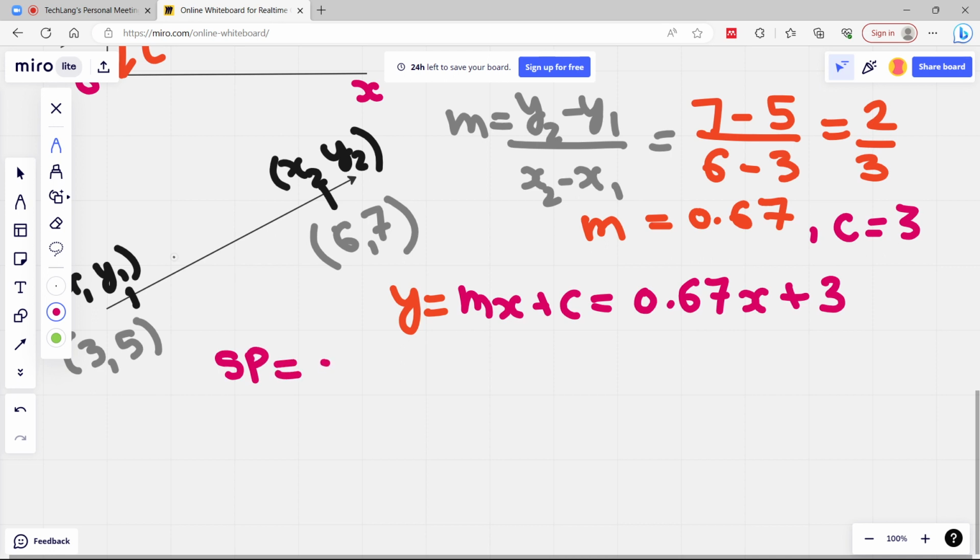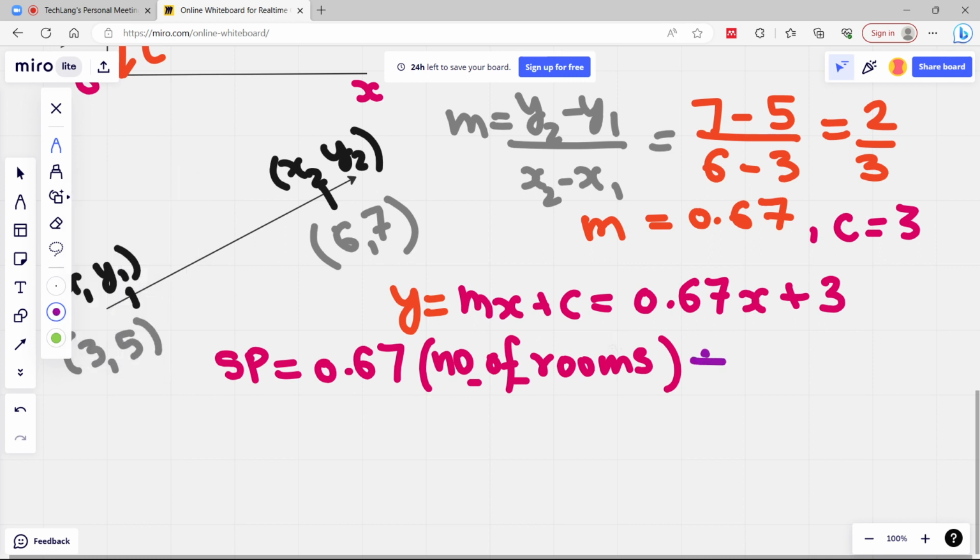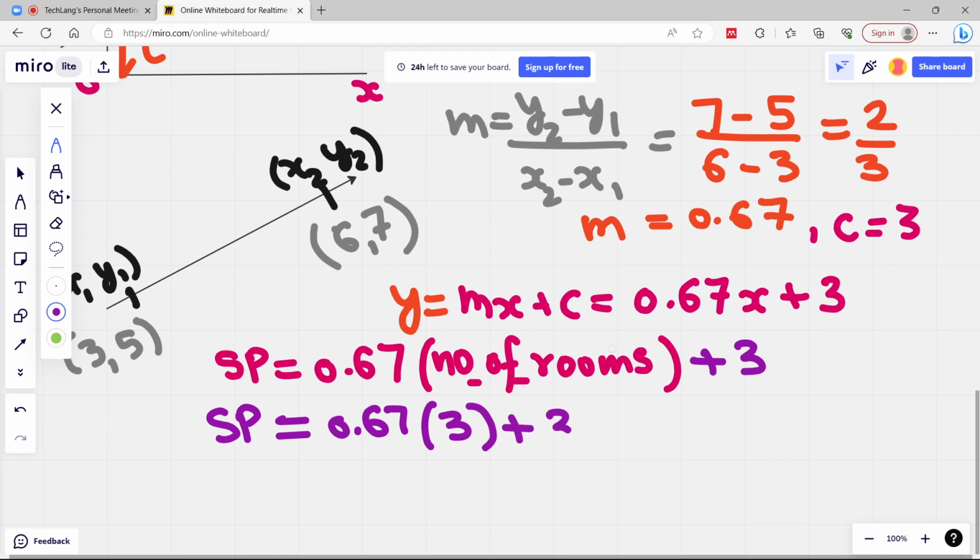If the selling price depends upon the number of rooms only, the number of rooms in my flat, I can say this x will be my feature, the room count in my flat, plus 3. If you tell me how many rooms are in your flat, I will tell you the selling price. Let's say you tell me that you have 3 rooms in your flat. So I'll put 3 in place of the number of rooms and get this value, right? So this would be the amount for my selling price in INR.